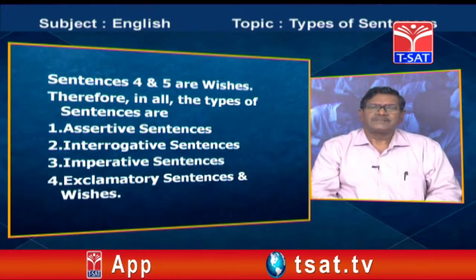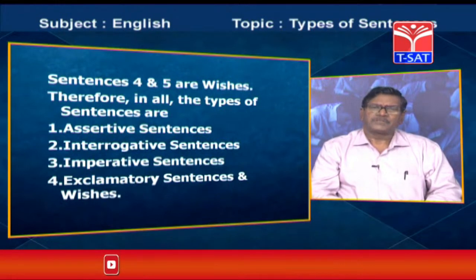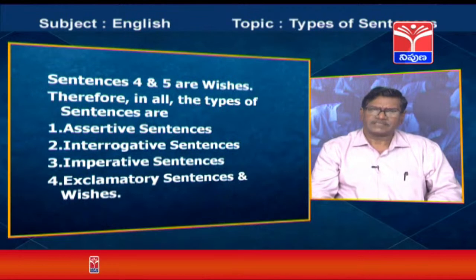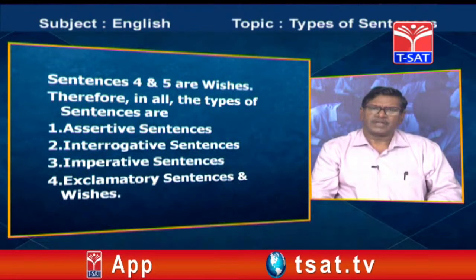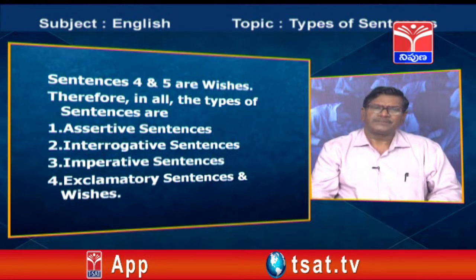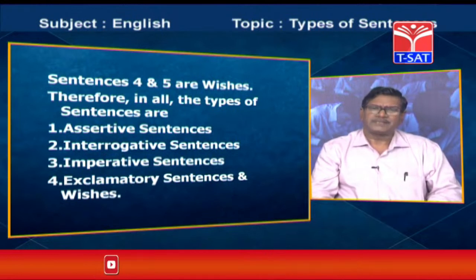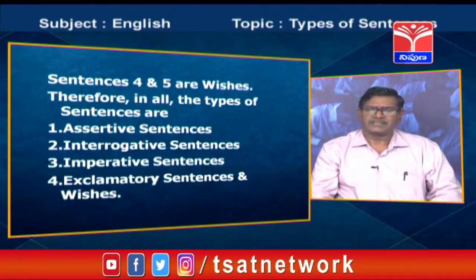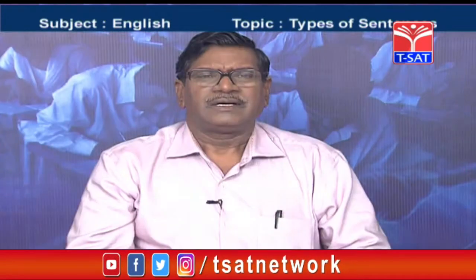Now, let us sum up. How many kinds of sentences are there in all? There are 4 types of sentences in all. 1. Assertive sentences. 2. Interrogative sentences. 3. Imperative sentences. And 4. Exclamatory sentences and wishes.